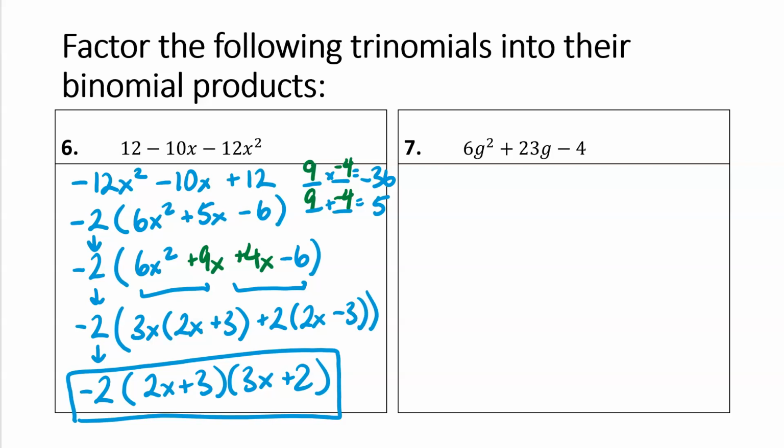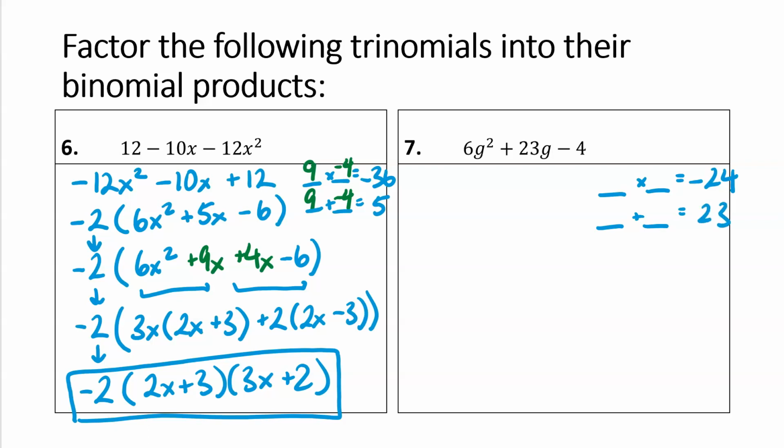Okay, let's look at example 7. I think the only thing unique with this example is you're using g's instead of x's. No problem, the process is the same. We're going to look for two numbers that multiply to give us 6 times negative 4, which is negative 24. And those same two numbers need to add to give the middle term, which is 23.